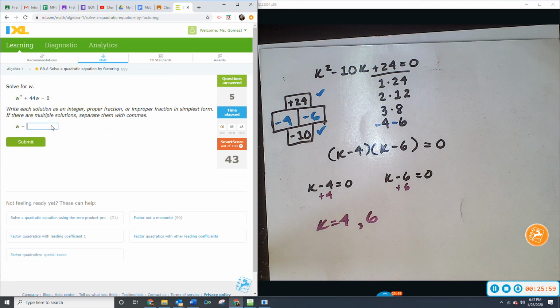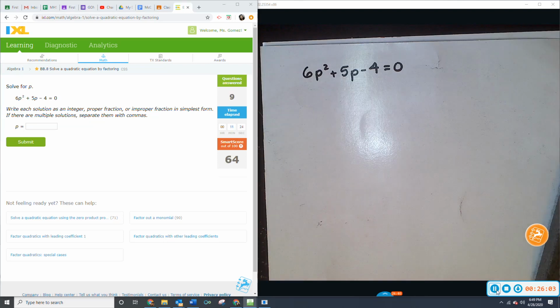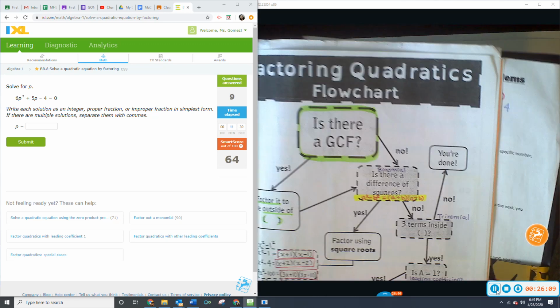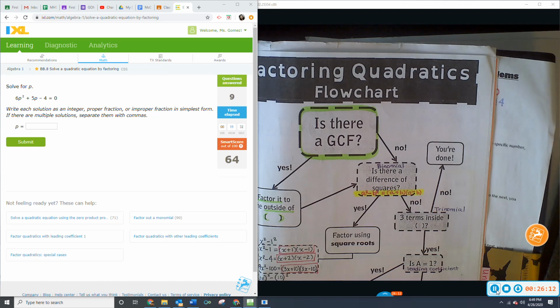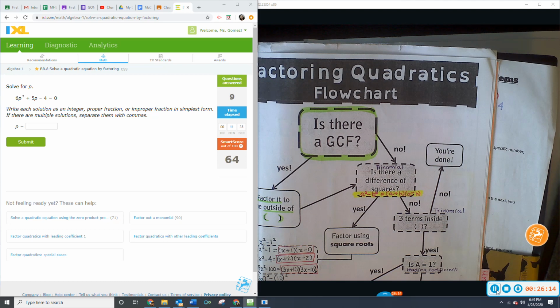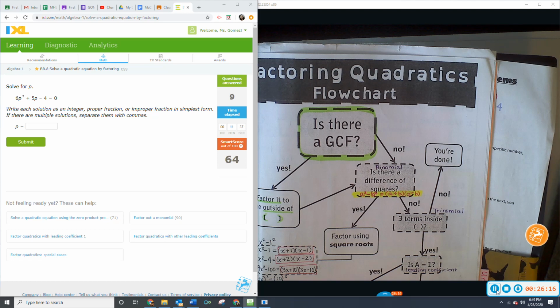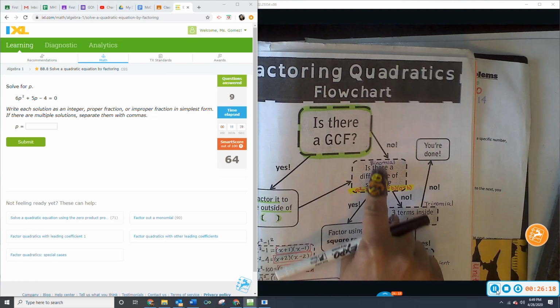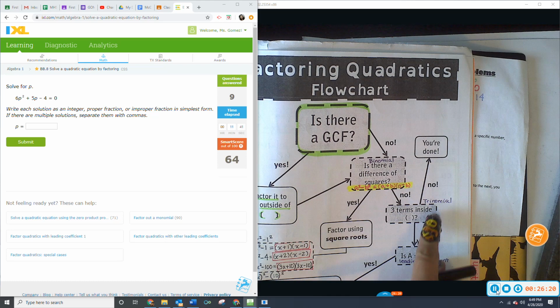Alright, yeah, let me find one that's a little bit more difficult. Alright, here we go. This one's a little bit more difficult. So, taking a look, is there a GCF? 6, 5, and 4 do not have any other numbers in common other than 1, so I'd say no. It's not a binomial. It is a trinomial.